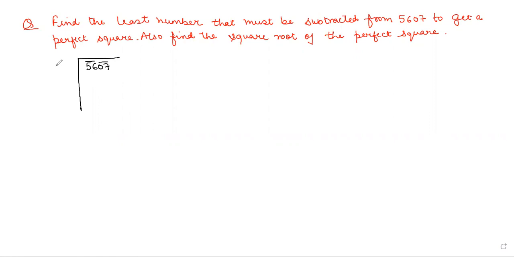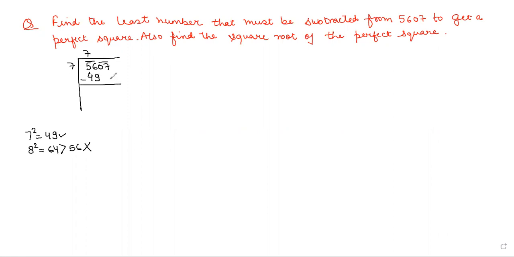Now think of a number whose square is less than or equals to 56. Now 7 square is 49. 8 square is 64. 64 is greater than 56, so we can't take 8 square. So take 7, write 7 as divisor and quotient, and write 7 square is 49 under 56.